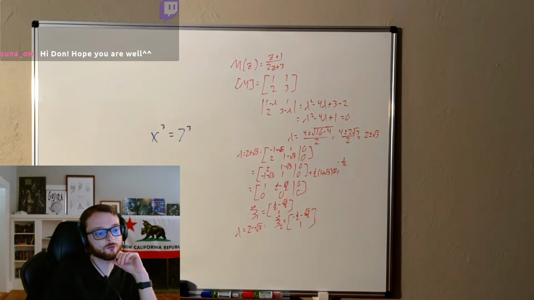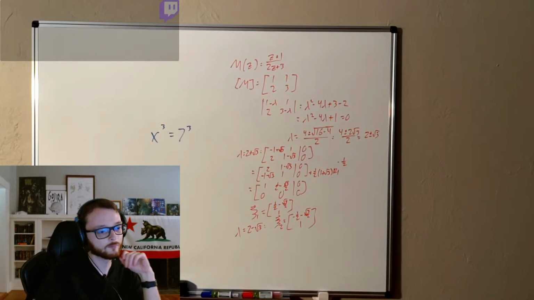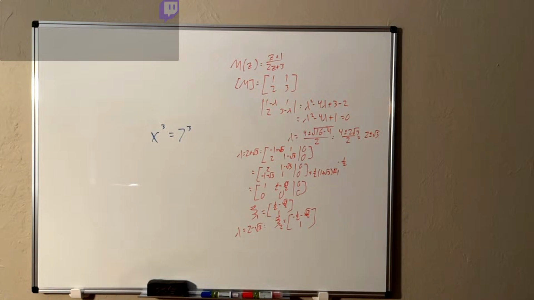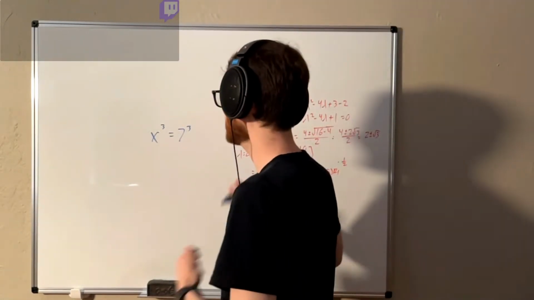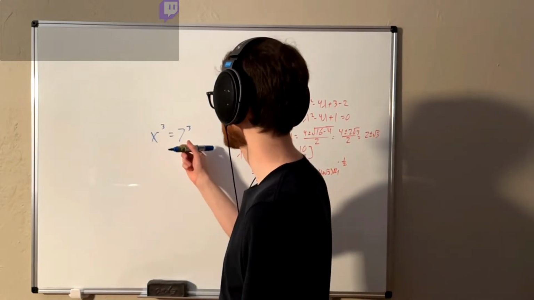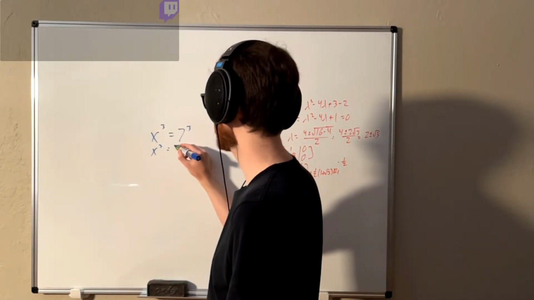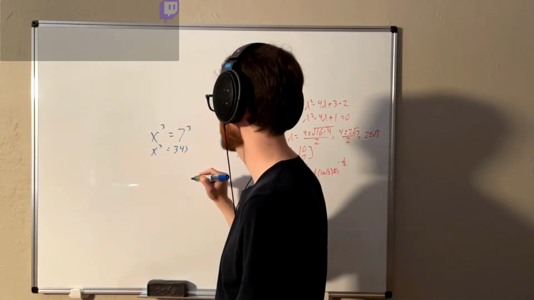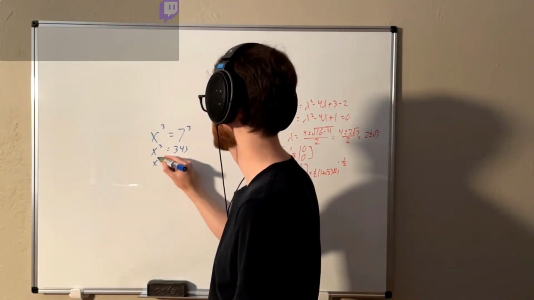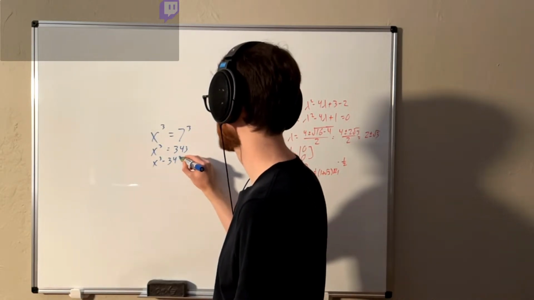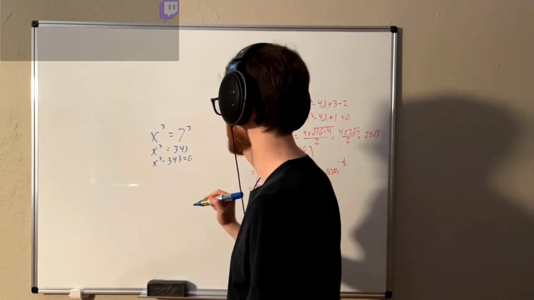I think there's two ways you could go about this. The way that comes to mind for me is to start by saying 7 cubed is 343, subtract it over, equals 0.